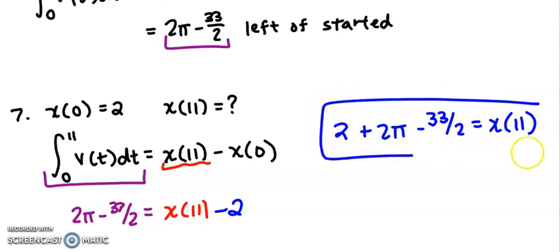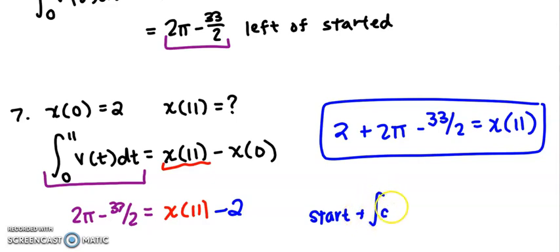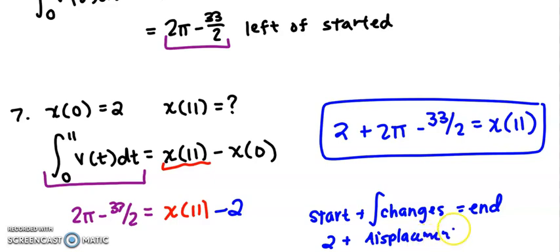Now, the other way you could think about this is that your start plus your collection of changes is equal to where you end up. So my start was 2 plus my displacement, which I found in number 6, my net change, is going to be equal to my end.